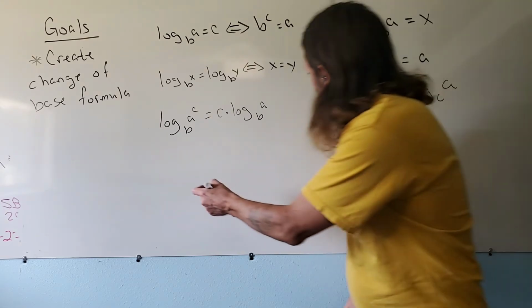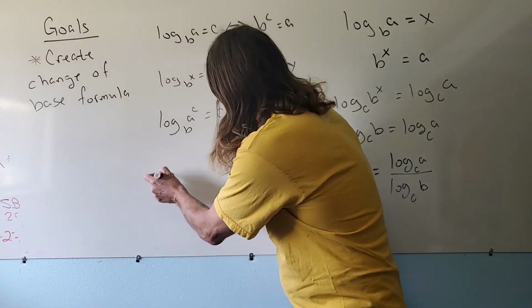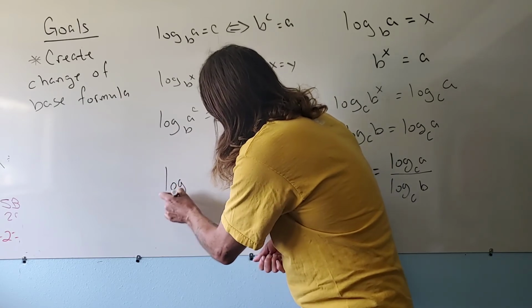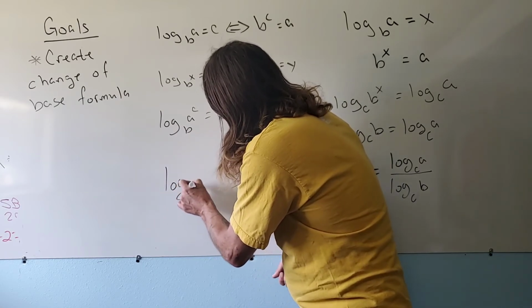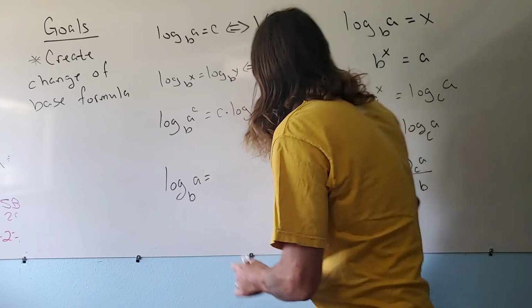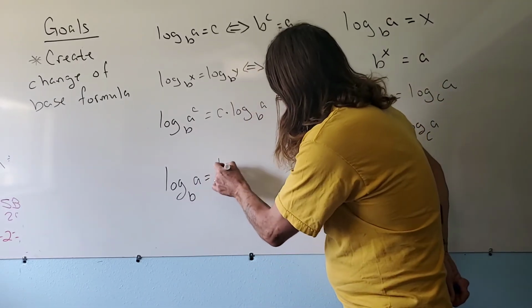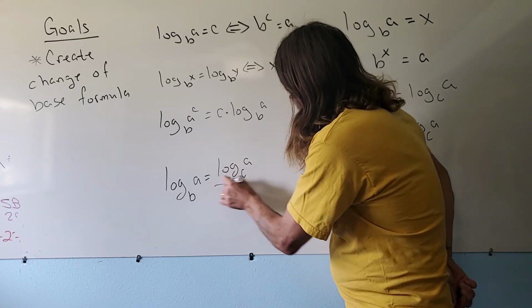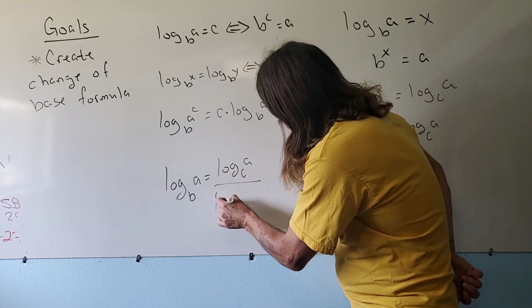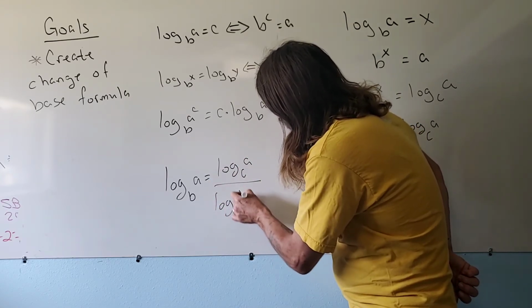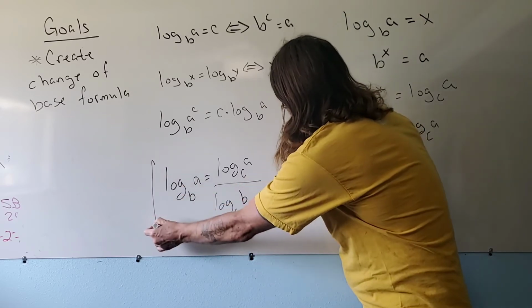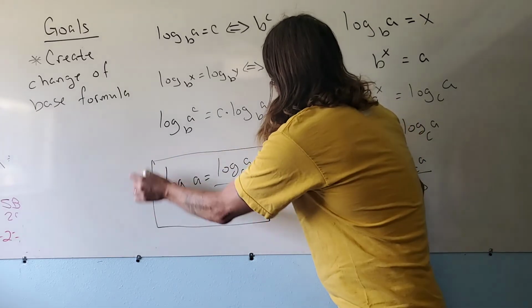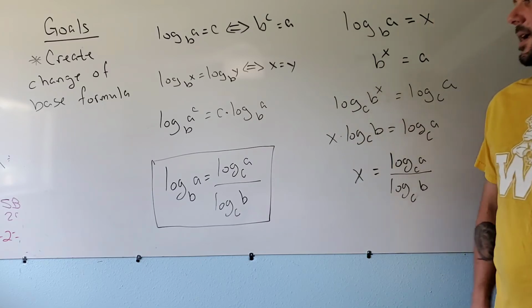So let me just write down what we've actually argued. Log base b of a is going to be equal to log base c of a divided by log base c of b. And this is a pattern that you guys will be asked to apply.